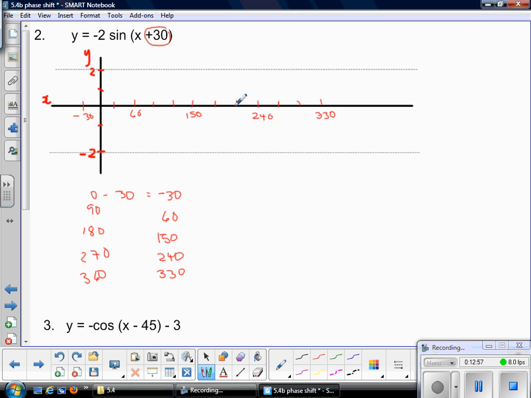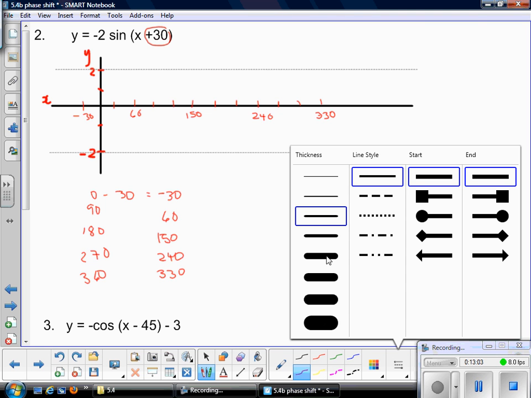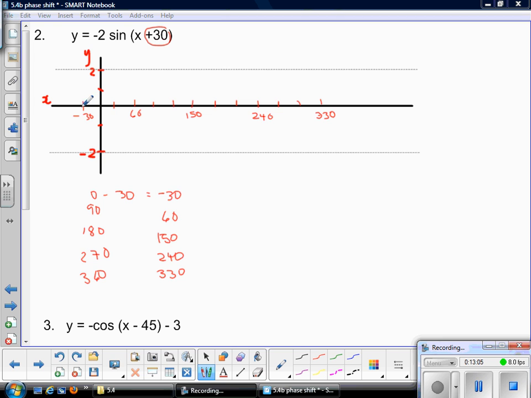So this will give us one period. And now we just do our ping pong balling again. And remember that sine starts in the middle and it has to start at -30. And normally sine goes up, but we have this negative, so it means that I'm going to have to go down. So at 60 is my next point, 150 is my next, 240, 330.